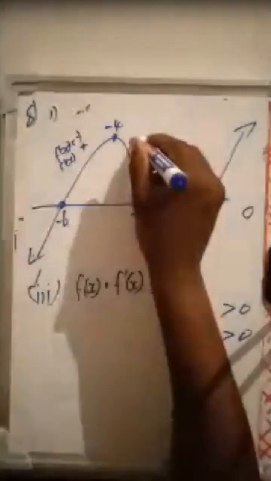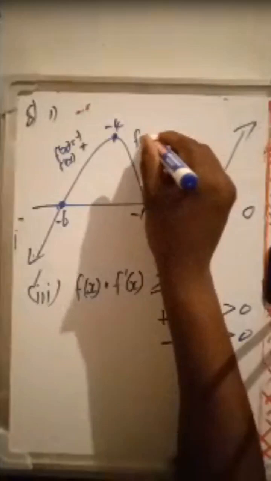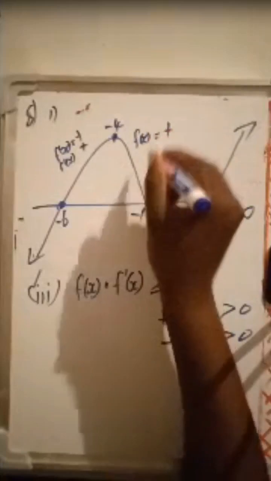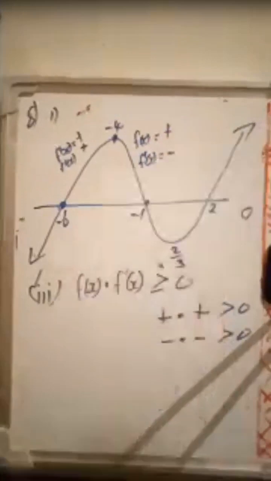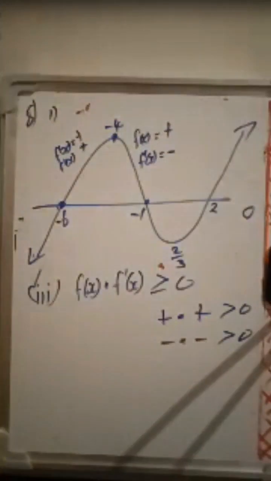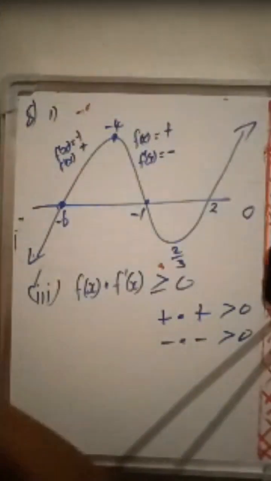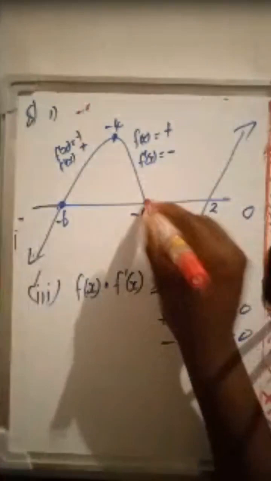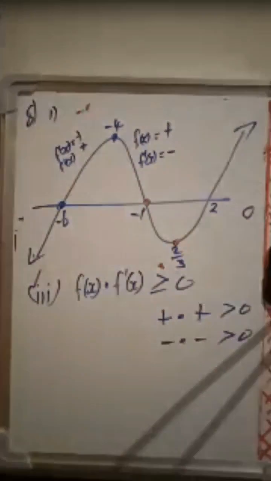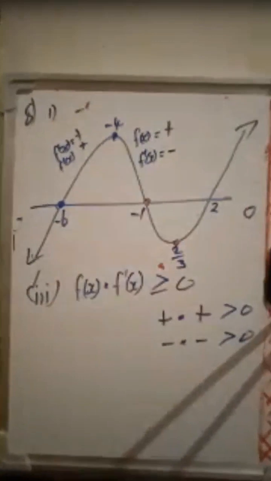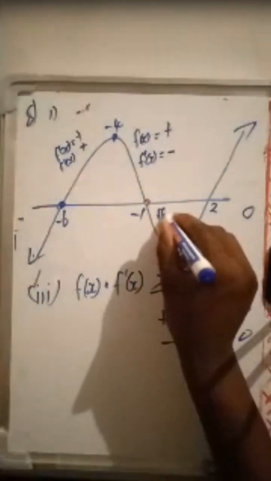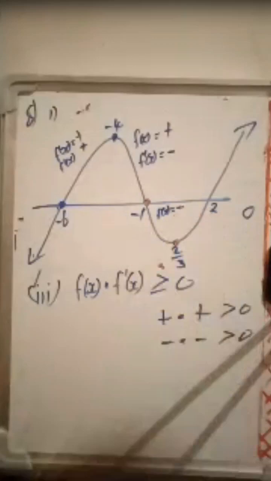Okay? Then from here to here, what can we say? We can see that f of x is positive, but the gradient is negative. Okay? But from this point to that point, what's happening there? We can see that f of x is now negative because now we are in the negatives.